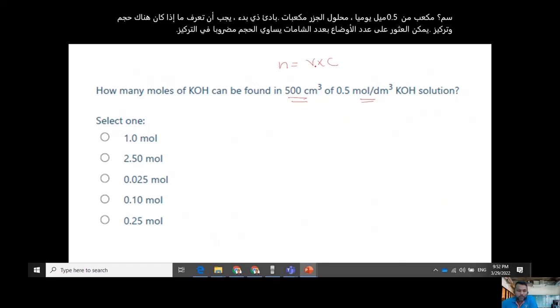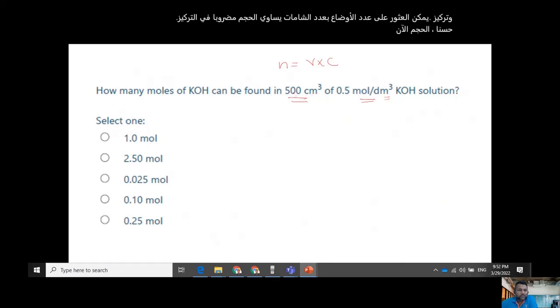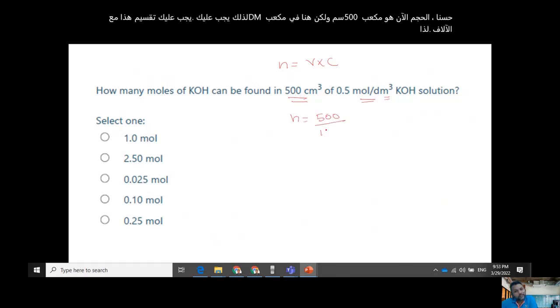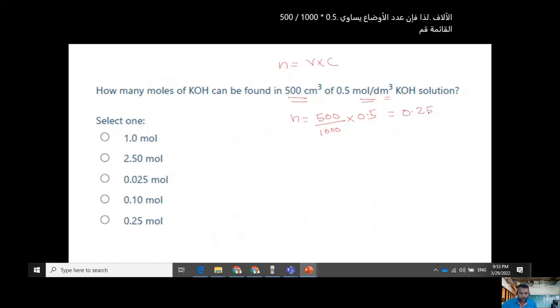Now, volume is 500 cm³, but here it is in dm³, so you must divide this by 1000. So number of moles is equal to 500 divided by 1000 times 0.5. When you do this calculation, you will get 0.25 moles. So that's the answer here.